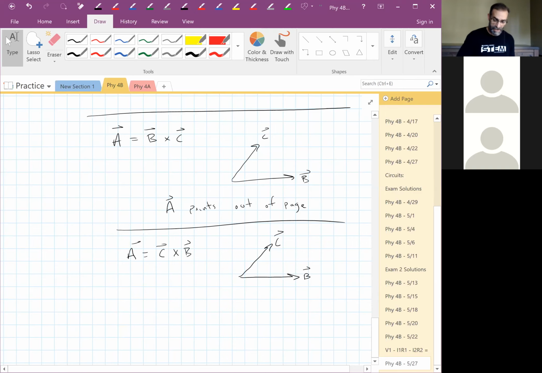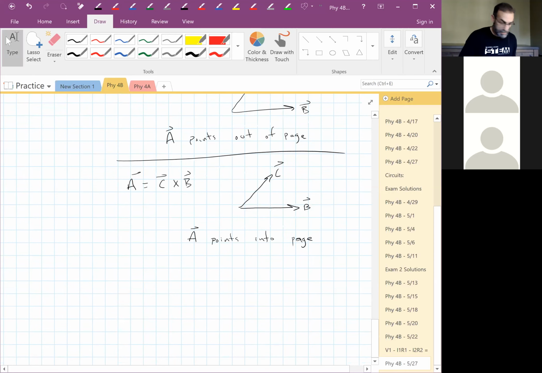And if I was doing it over the piece of paper, my thumb would be pointing into the piece of paper. So A would be into the page. All right, we'll practice some more of those.